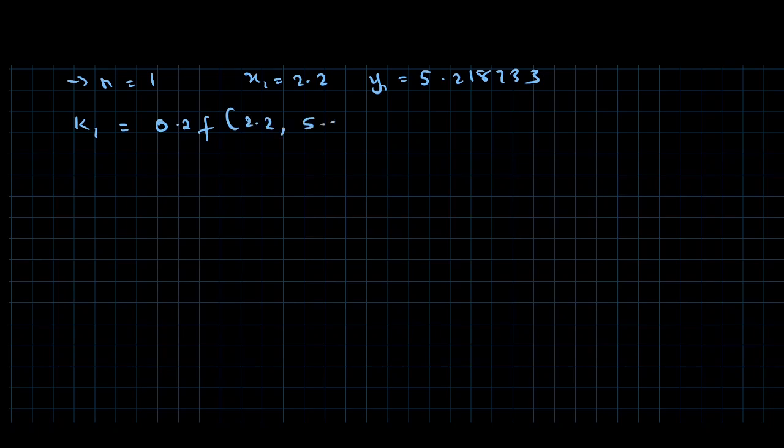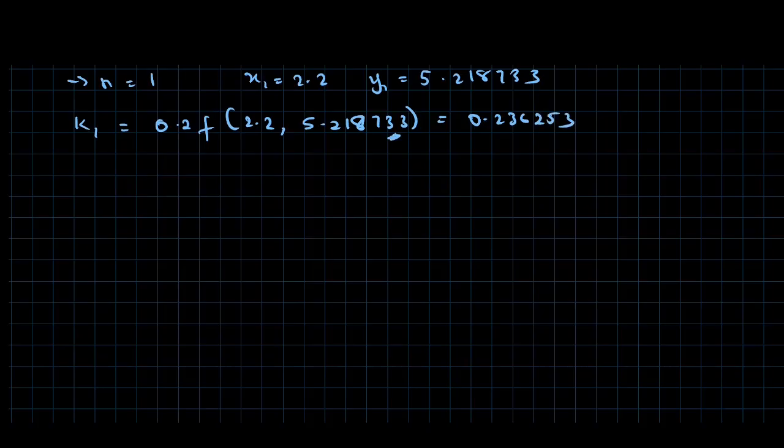Now moving on to n equals 1. For n equals 1, you have that x1 is equal to 2.2 and y1 is equal to 5.218733. So for k1, I'm going to be a bit faster in my solving. It's going to be 0.2 f of 2.2 and 5.218733. This is going to be equal to 0.236253.